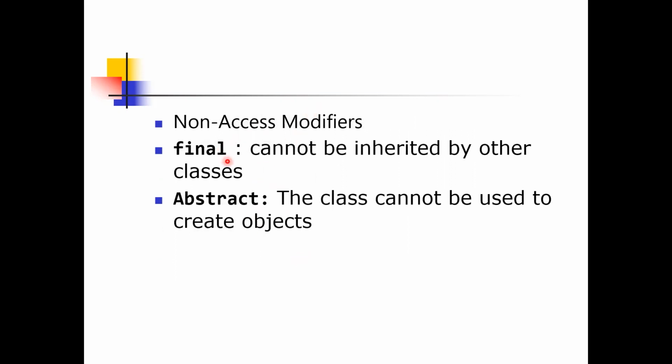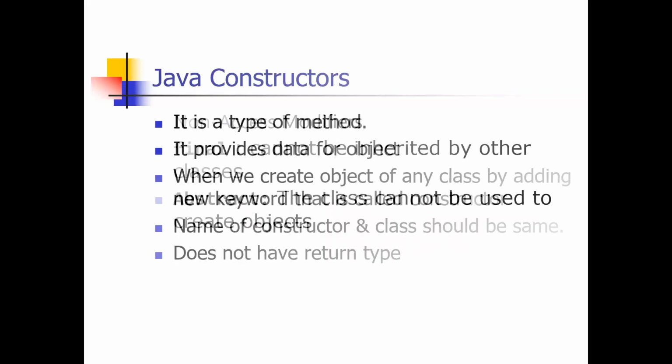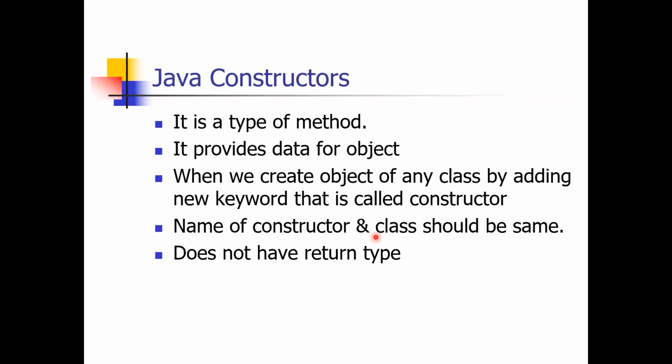Non-access modifiers are like final and abstract. Final means it cannot be inherited by other classes. Inheritance, which we'll learn in detail in the next lecture, means a child having properties related to its parents. Abstract means the class cannot be used to create objects. So that was about modifiers or specifiers.